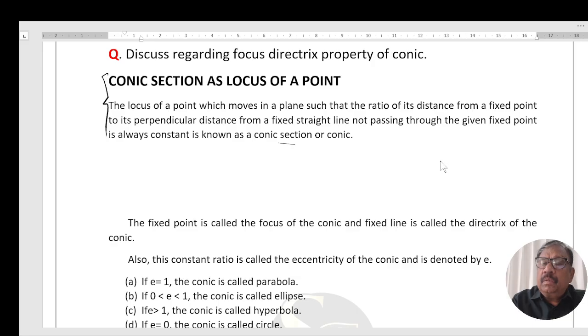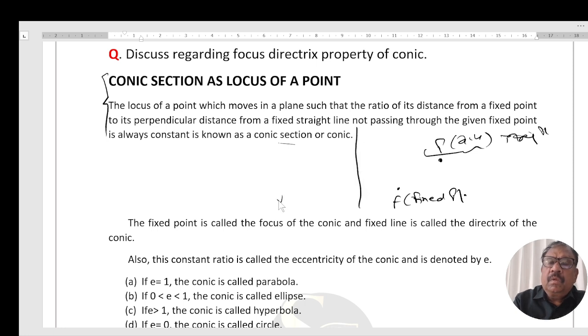Here P(x, y) is the moving point. One is F, the fixed point. One is the fixed line. PF and PM.